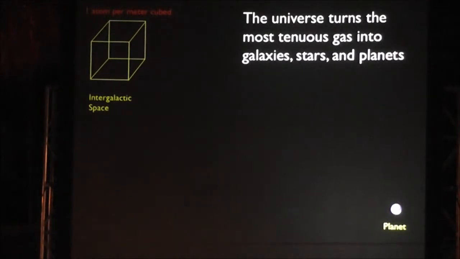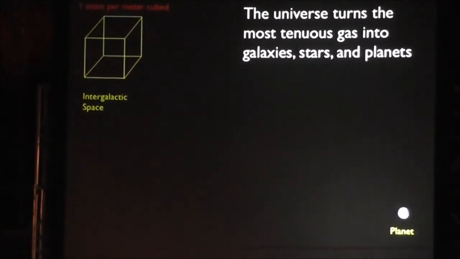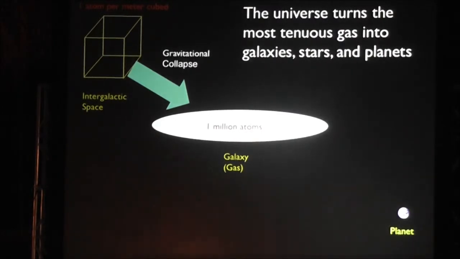And it's an amazing fact that the universe has managed to take this incredibly tenuous intergalactic medium in which there's one atom per cubic meter, and convert that into galaxies in which there's 1 million atoms per cubic meter. And this process is what I'll be focusing on most tonight.